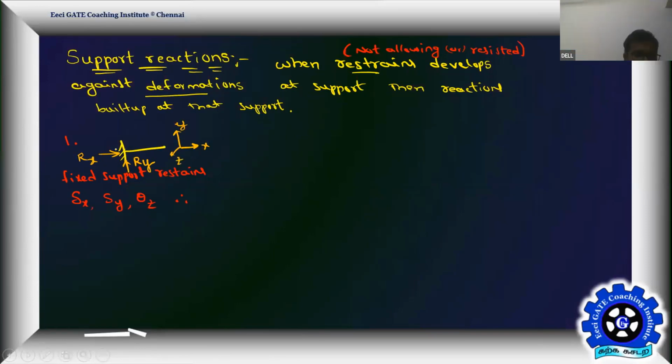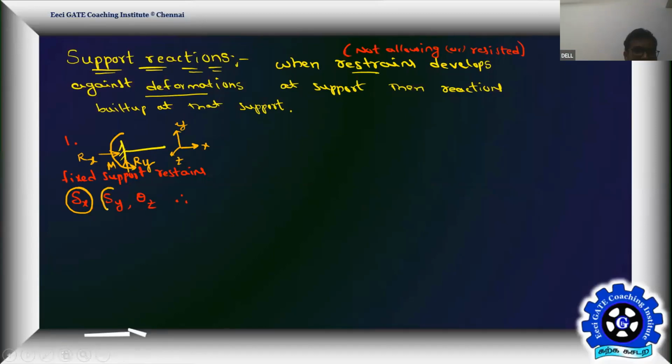This fixed support does not allow the member to displace in X direction. It does not allow displacement in Y direction. It does not even allow rotation about the Z axis. Therefore, it is going to develop 3 kinds of reactions. Because it is restraining delta X, we have Rx.